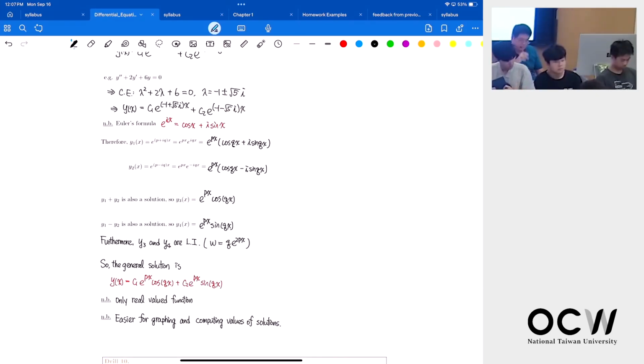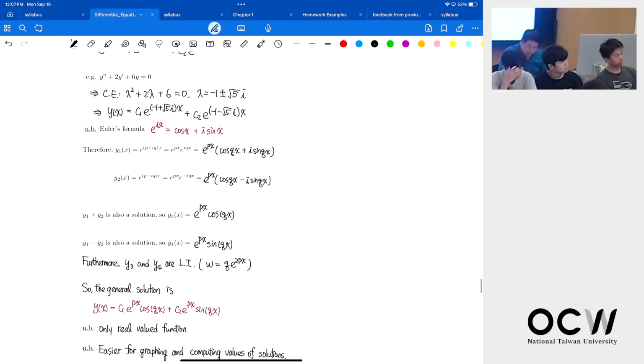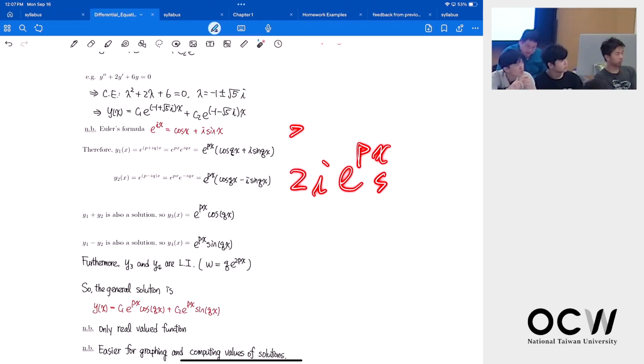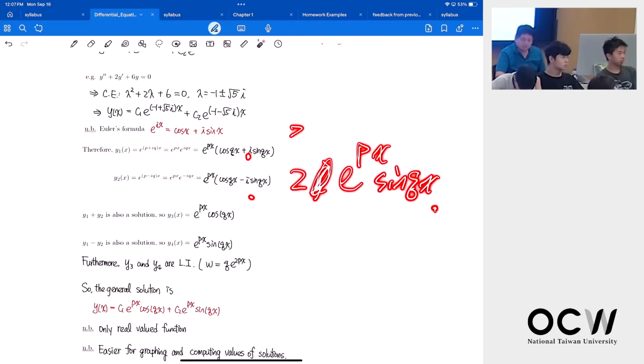For the y1 minus y2, why isn't it like 2i? Oh yeah, divide by i. Divided by i? Yeah, I don't want i, right? y1 minus y2, we have 2i e to the px sine qx. Right, this one minus this, and I divide by i, and I don't care about this multiple term.